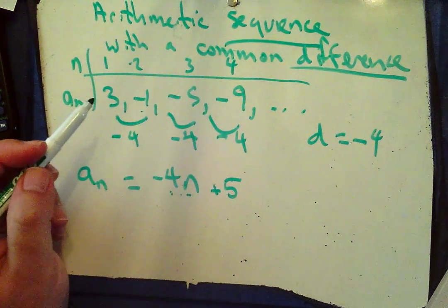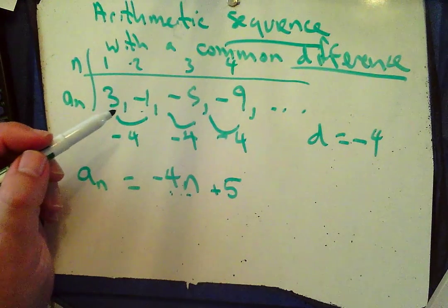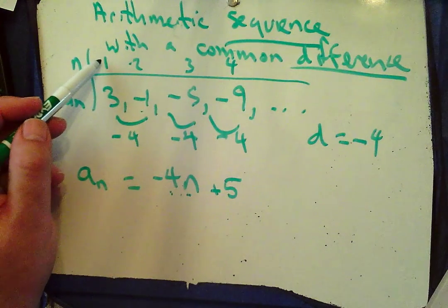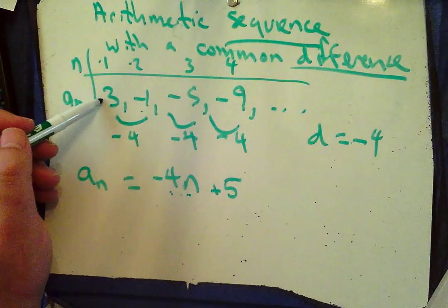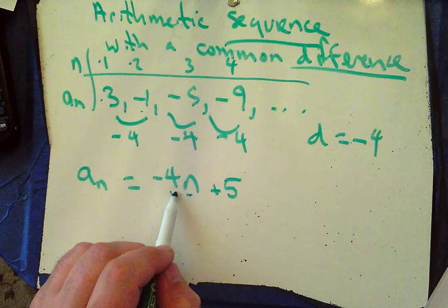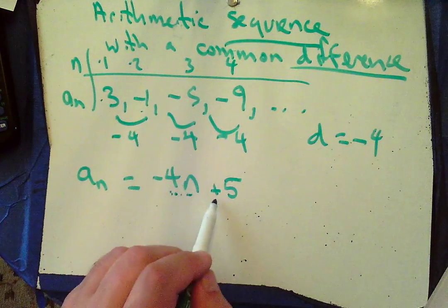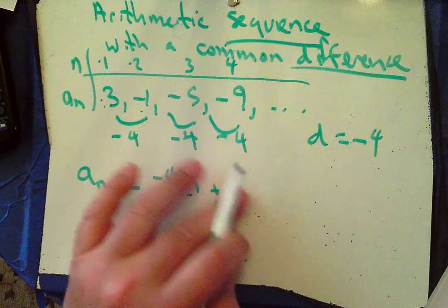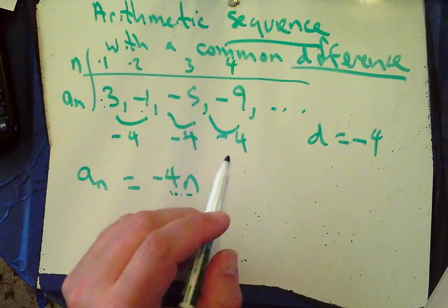Let's test. That's step 5. Let's test to make sure we figured out how much to add or subtract. If I plug in a 1, the value should be 3. 1 times negative 4 is negative 4 plus 5 is 1. That's not 3, so this number is not correct. Let's see that again.